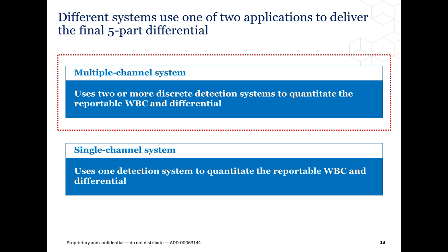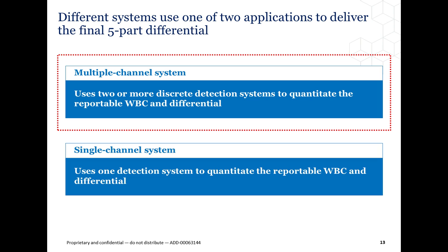For example, neutrophils, eosinophils, monocytes, and lymphocytes may be determined and reported from one method or technology, and basophils and NRBCs reported from a second method or technology, and WBCs perhaps by a third method or technology. This approach uses the detection strength of one technology to overcome the limitation of another technology. Ultimately, we're trying to improve the overall detection rate and apply the appropriate flagging to make sure we have an accurate result.